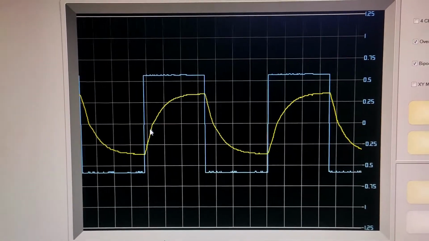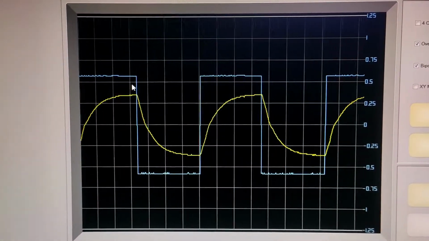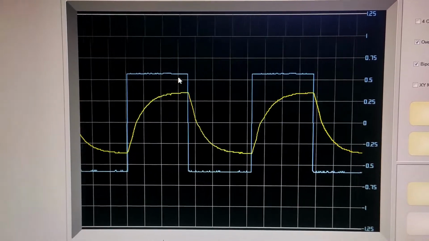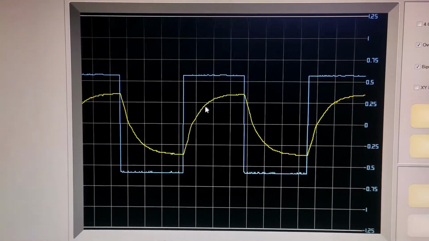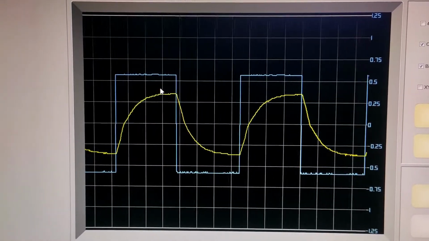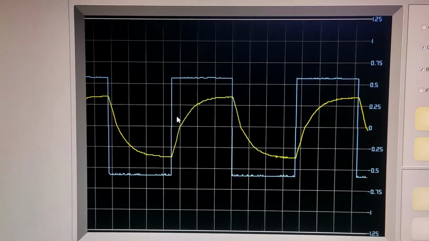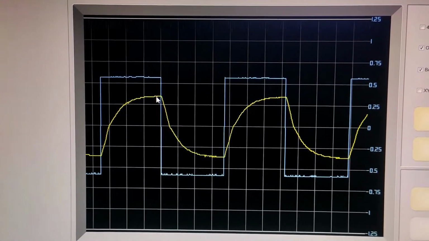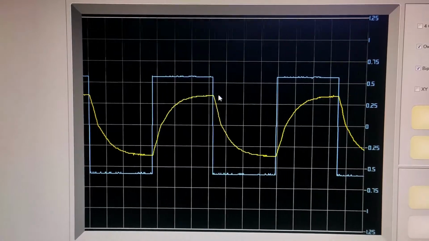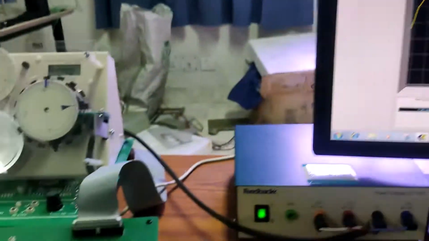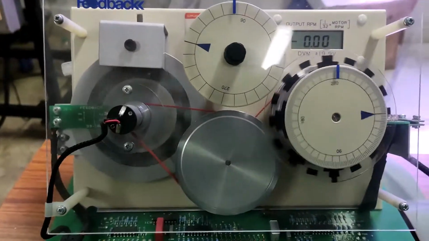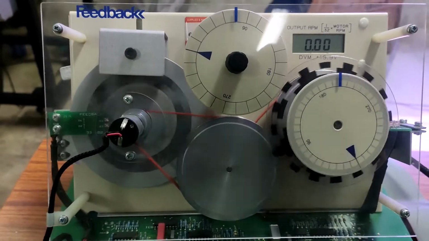This curve will be managed with the controller, but this is without a controller, so it cannot follow exactly whatever input voltage you are giving; the output response will not follow exactly. So motor performance will decrease like this.